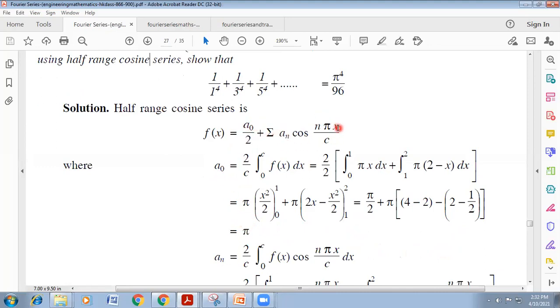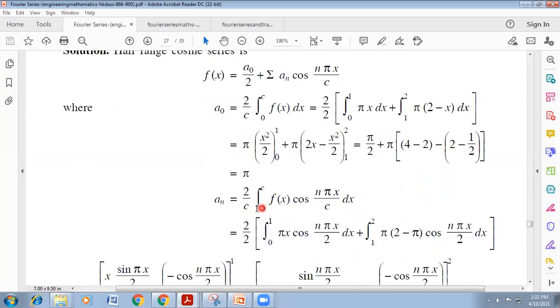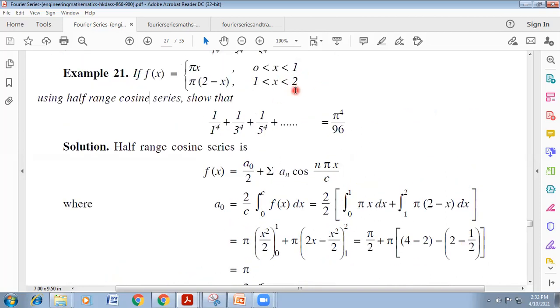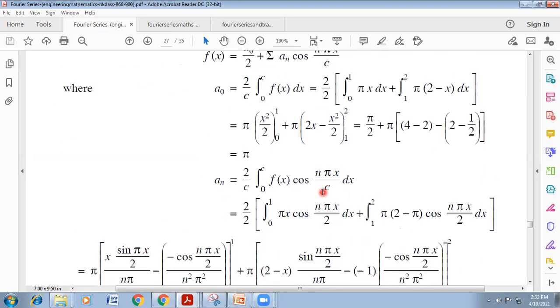Now we have to find out the second part of the series. an equals, you must know this formula for any arbitrary interval, c by 2, integral 0 to c of f of x cos n pi x by c dx. But c equals what? c equals 2. 2 is the period for this given function.